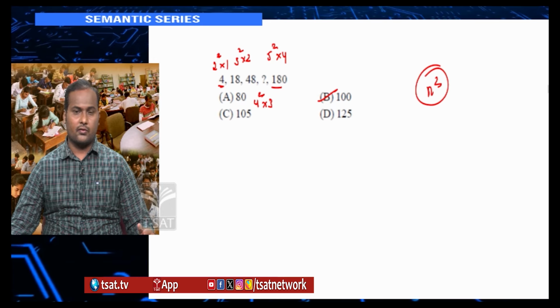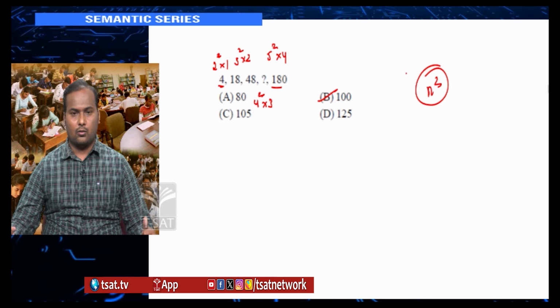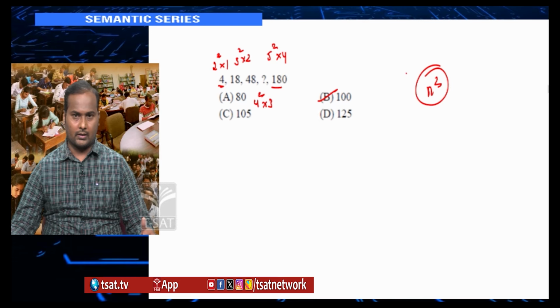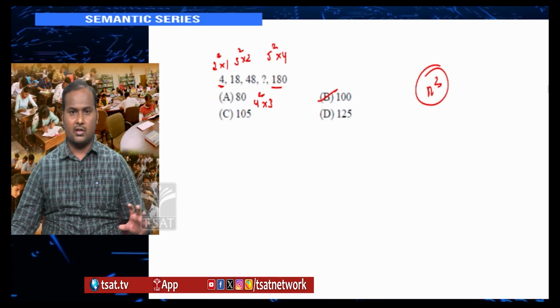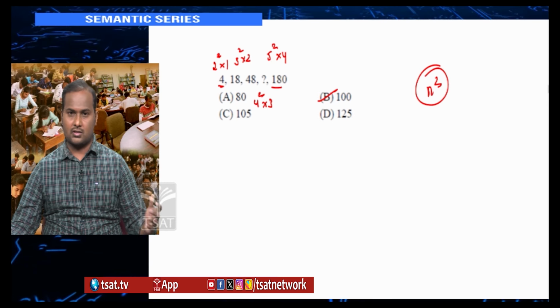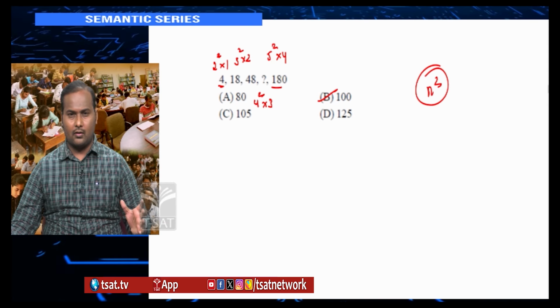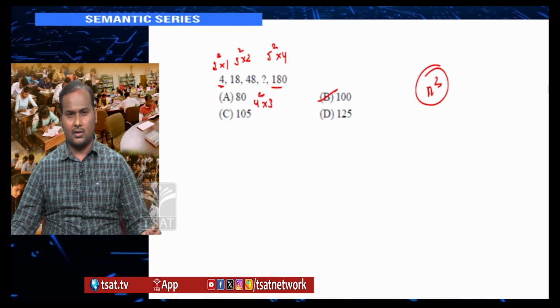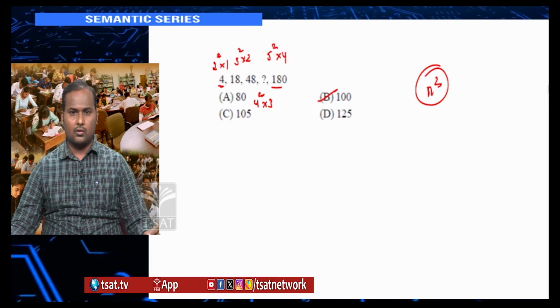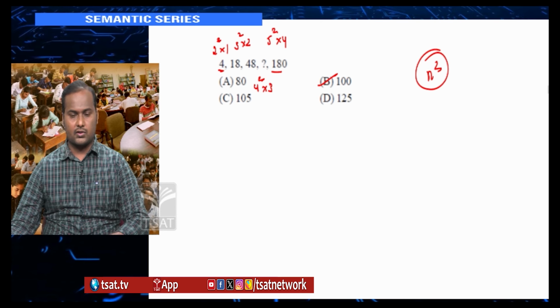Now, in this case, it is given multiplication. So, that is square multiplied by 1, 2, 3, 4 like that. In the examination, he will give combinations of squares, square addition or square subtraction or square multiplication. If you are aware of all these particular types, then it will be very easy for you to recognize in the examination. See the next question.